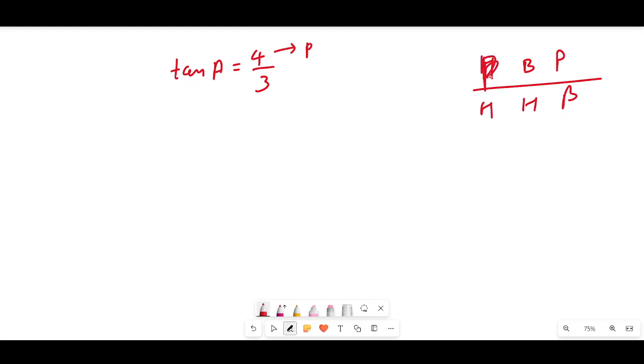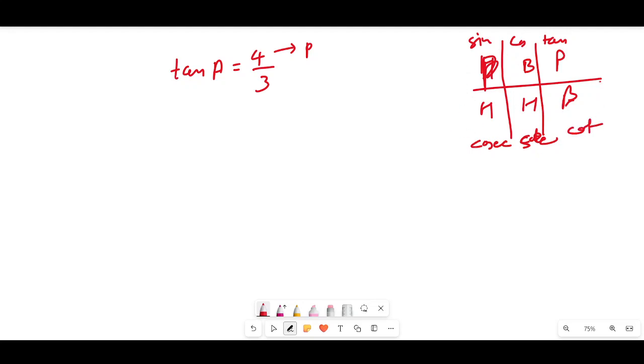This is P, B, P and H, H, B. Clear? And if you write this is sine, this is cos, and this is tan. The reverses are cosec, sec and cot. That is the point.